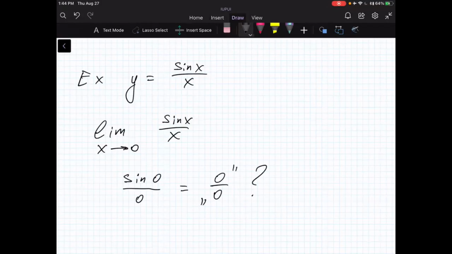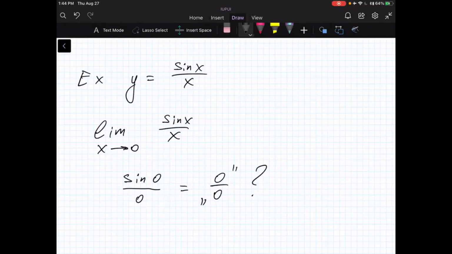I don't know what it is. It can be anything, as we will learn when we study L'Hopital's rule. I don't remember exactly where, but it will be after the derivatives, in section 6.9.